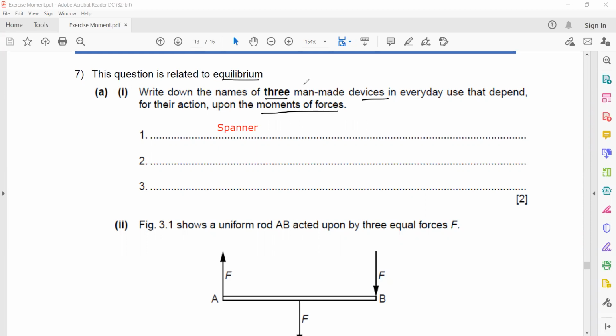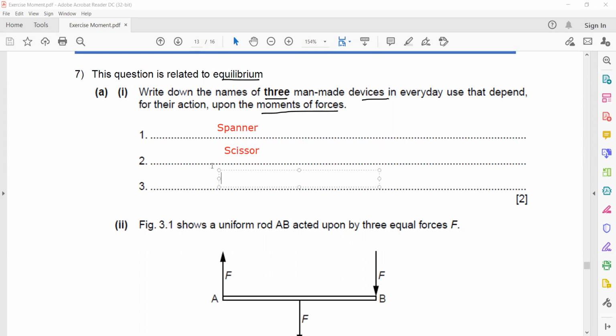That's good, Taha. Scissor. And what else? As you mentioned, door, that's also right.